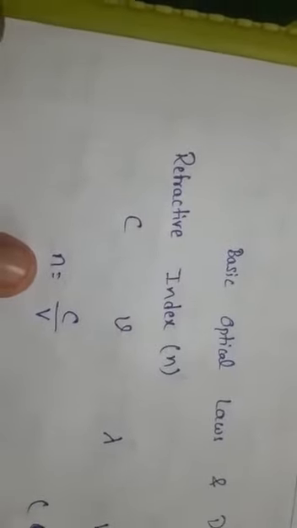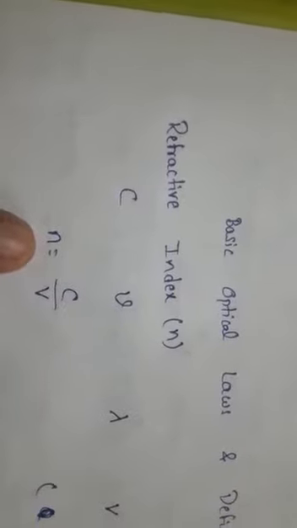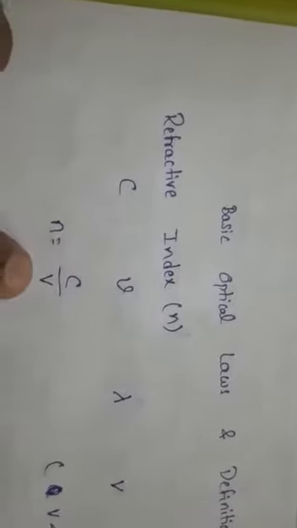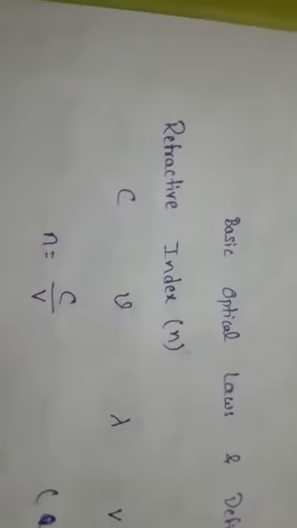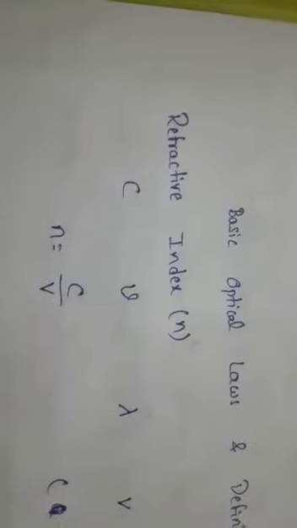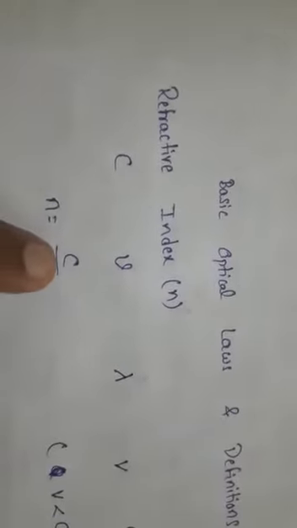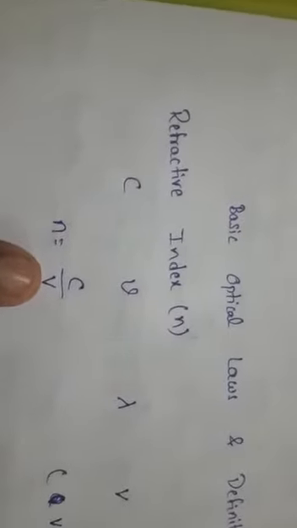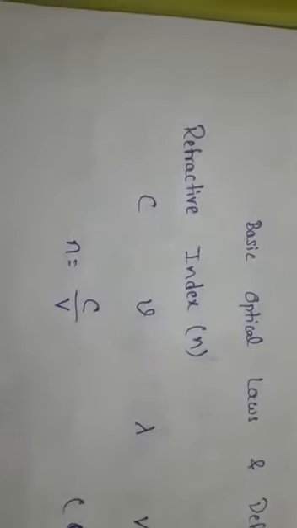Once again, refractive index is the ratio of the speed of light in free space to the speed of light in another material, that is a dielectric or non-conducting material.